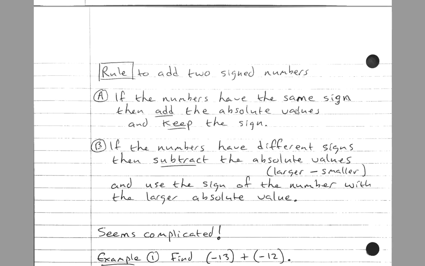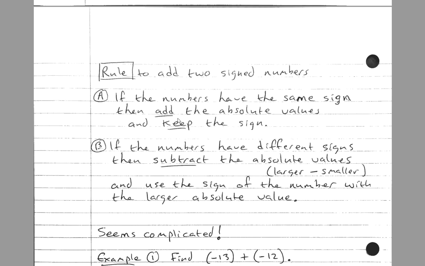All right, it's not practical to use the number line, especially for bigger numbers, so we need a rule. Here's the rule for adding two signed numbers. We've got case A and case B. The easy case: if the two numbers have the same sign, so both positive or both negative, then you just add the absolute values and keep the sign.